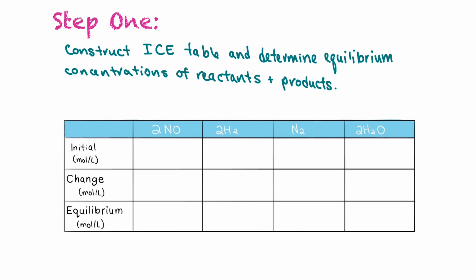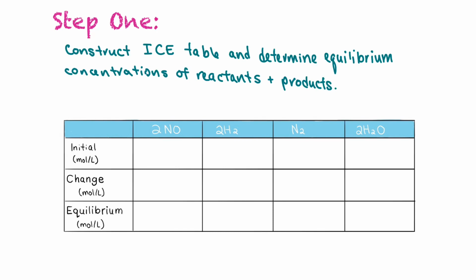If something goes down by a certain value, other things with the same coefficient would also go down by the same value because they work on a 1-to-1 or 1-to-2 ratio and so on. So you would set up your rows like so, and then you would have a column for each of the participants in the reaction. We will include the coefficients here to help us understand at what ratio or what magnitude these things are going to be changing.